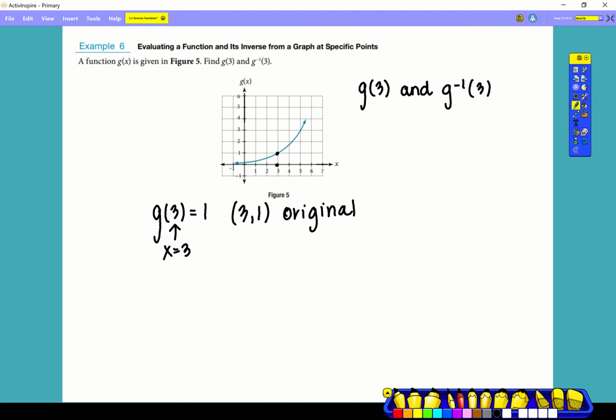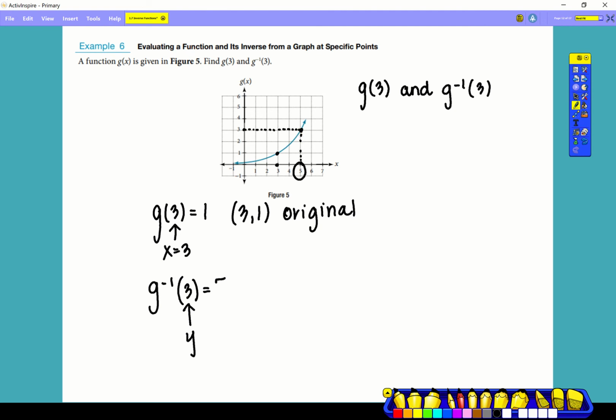So now, this is the tricky one. The inverse of g at 3. So remember, this is now an output value. So this is going to be a y. And we're going to find what corresponding x that we need. So let me see. Our y is 3. You go all the way across, all the way down.